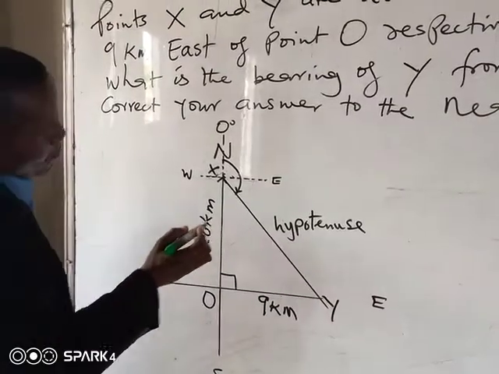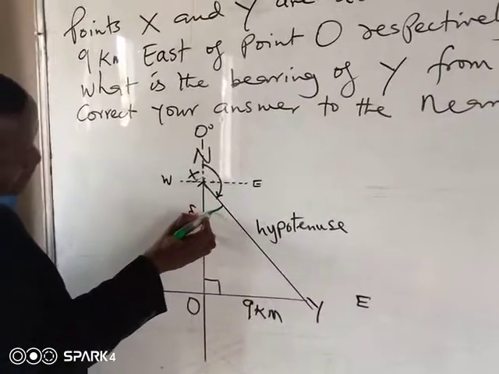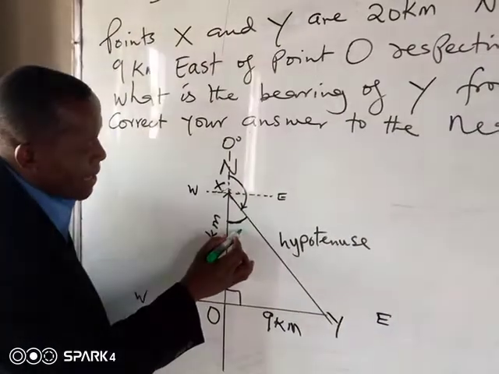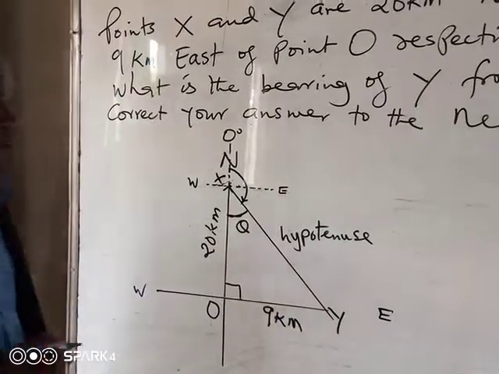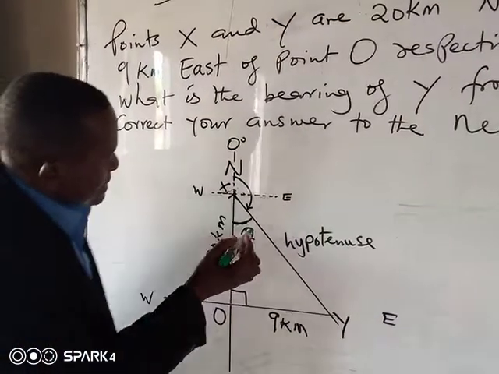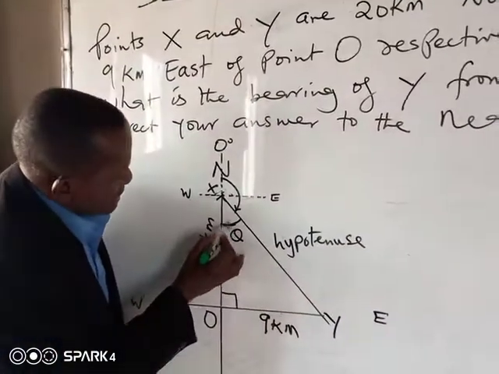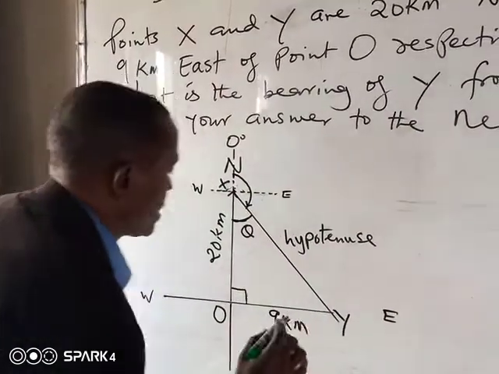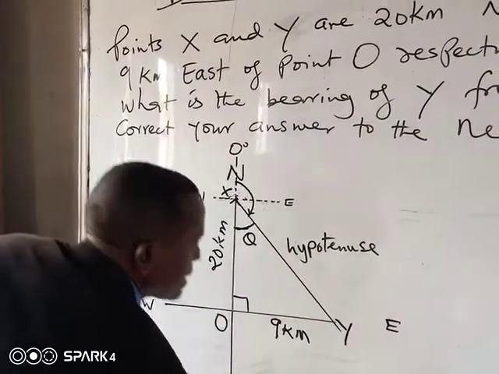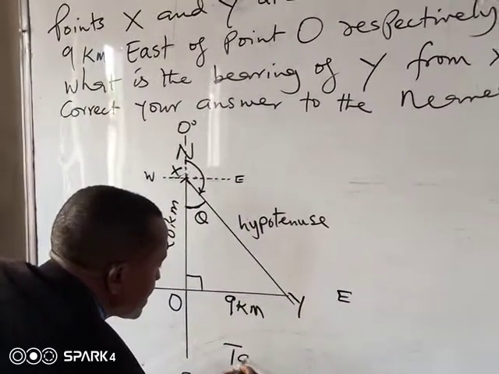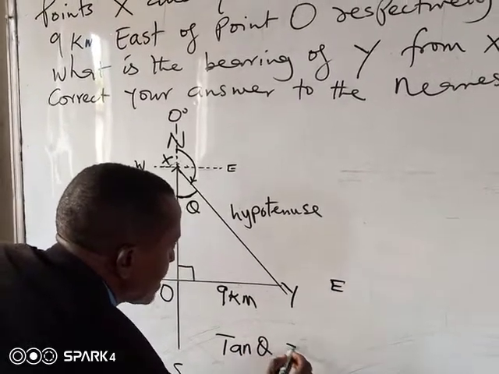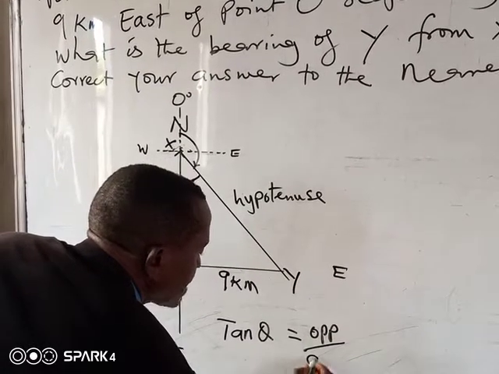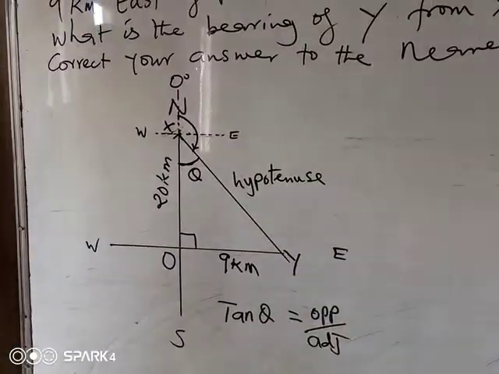Now, in this angle here, I must know what this angle gives me. So let me label it as angle theta, since I want to know what the angle is. From my trigonometry, I know that tan theta is equal to opposite over adjacent.